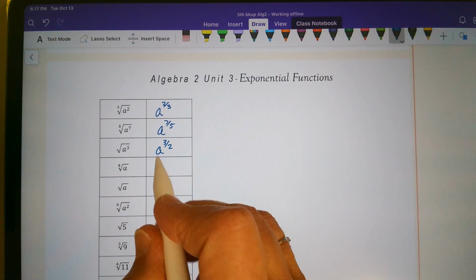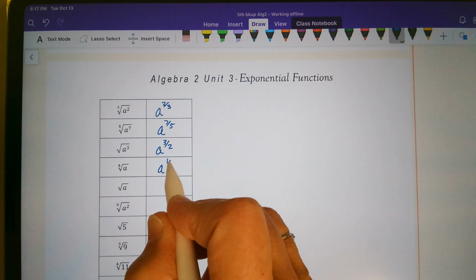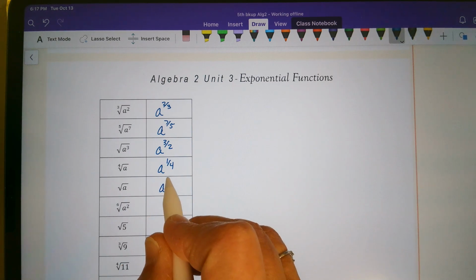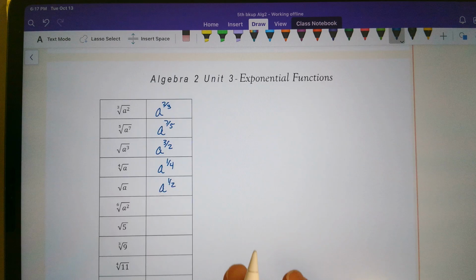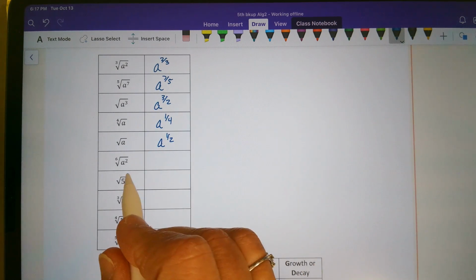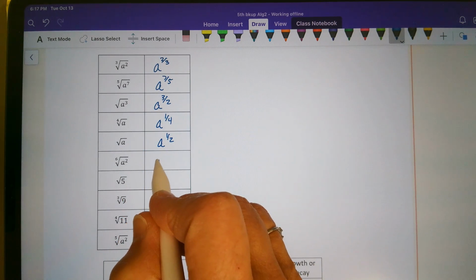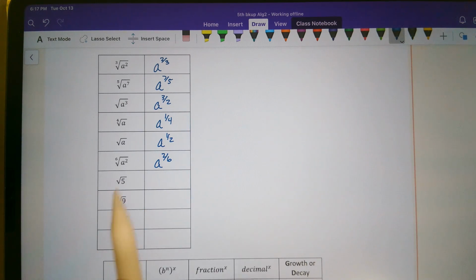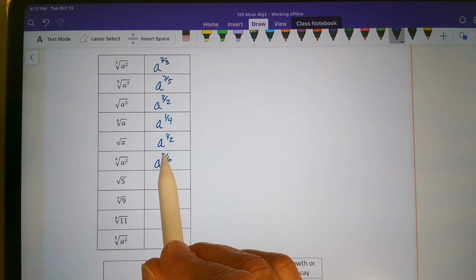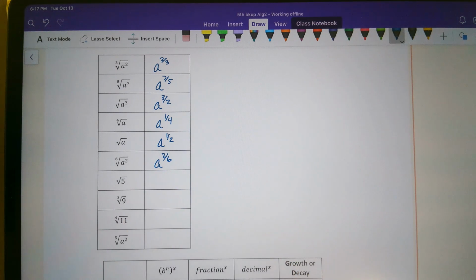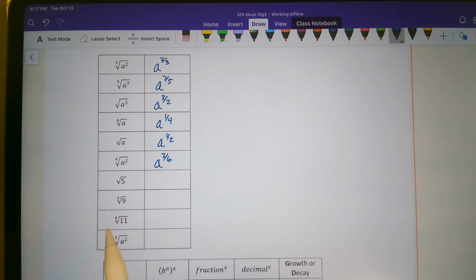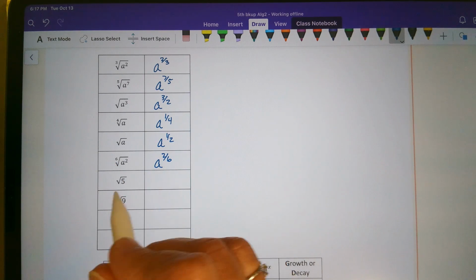The fourth root of a is a to the 1/4. The square root of a is a to the 1/2. The sixth root of a squared is a to the 2 over 6. The 2 is the power that goes above the fraction bar of the exponent, and the root is 6 that goes in the denominator of our exponent.